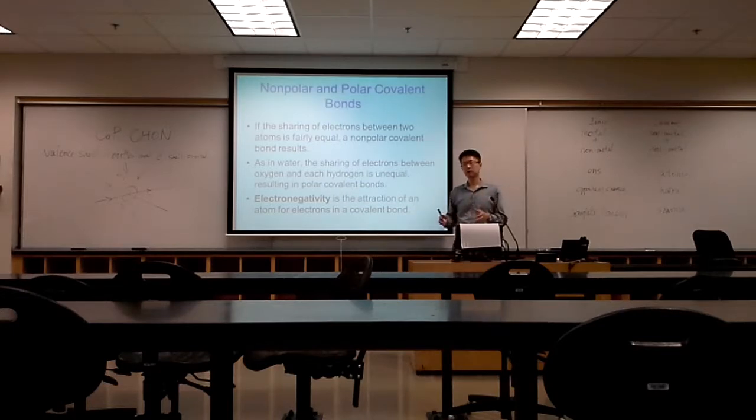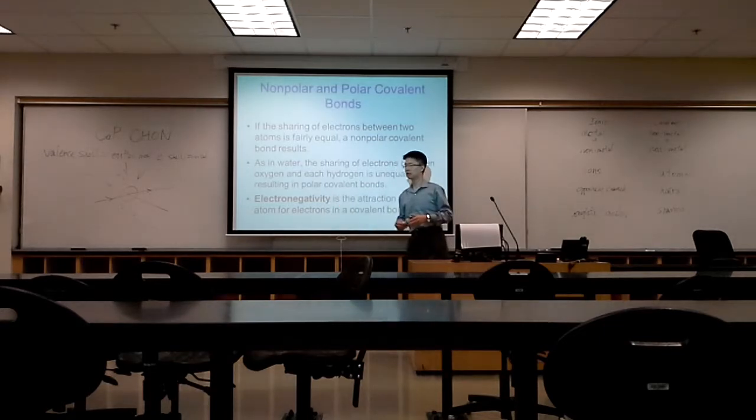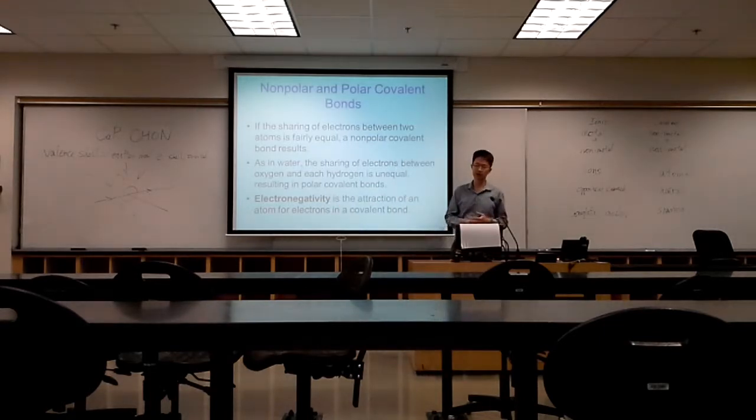Some atoms love electrons so much that when they form a covalent bond with other atoms, they will have a tendency to grab the electron closer to themselves, because they are electronegative, or highly electronegative.